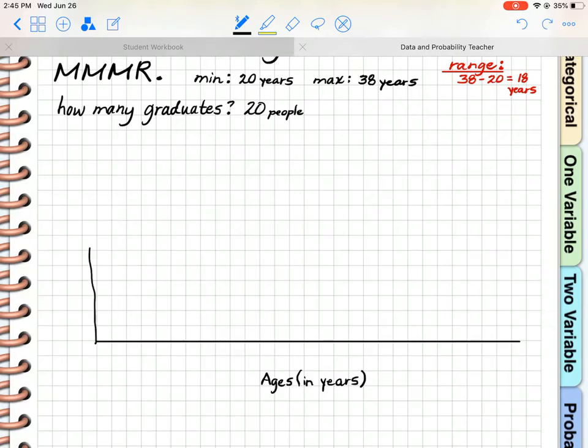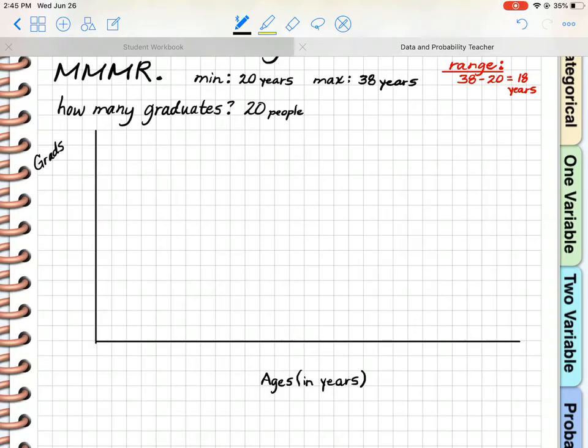I completely missed it. I need new glasses, and I can tell it today. So let's go ahead and put the vertical axis in there. This is going to be the number of graduates. And I can't rotate my tablet because it's going to rotate the screen on you, so let me just put the word graduates over here.